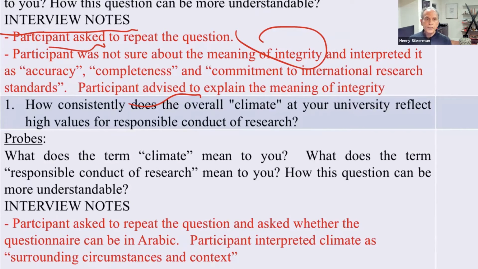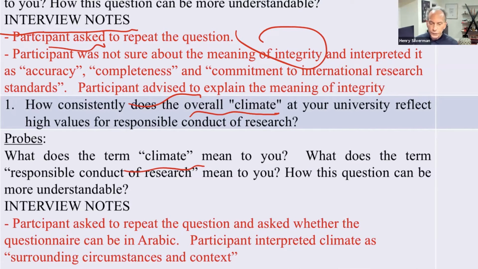Here is an example of the next question. How consistently does the overall climate at your university reflect high values for responsible conduct of research? And you may want to ask the participant, what does the term climate mean to you? What does the term responsible conduct of research mean to you? How can this question be made more understandable?